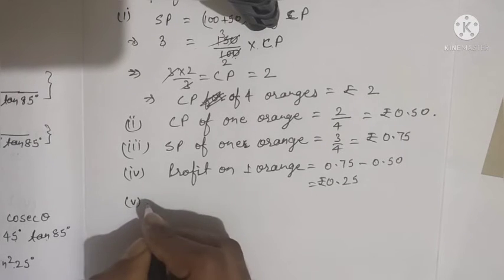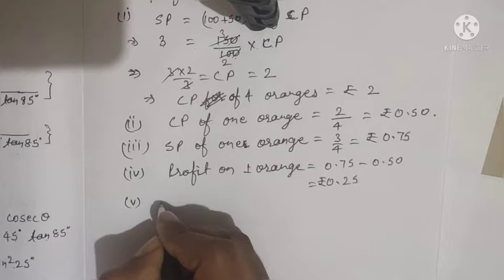Now the next question is the number of oranges that need to be bought and sold in order to gain ₹24. So total gain is 24.